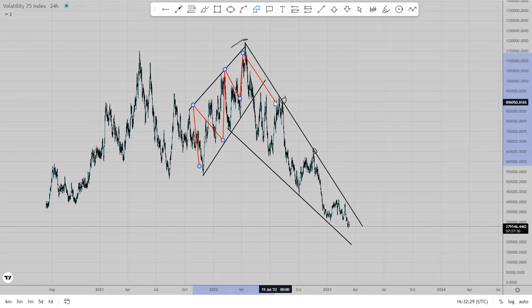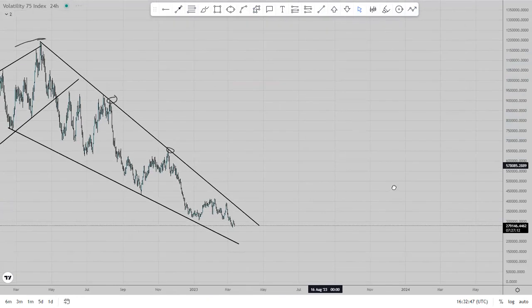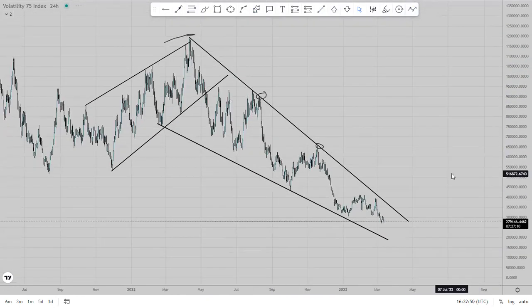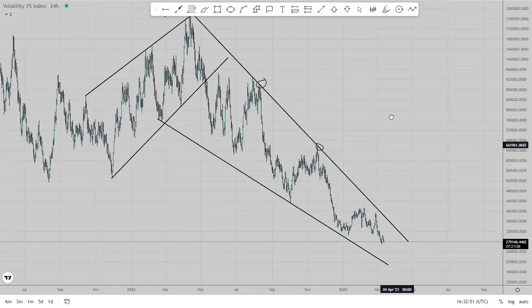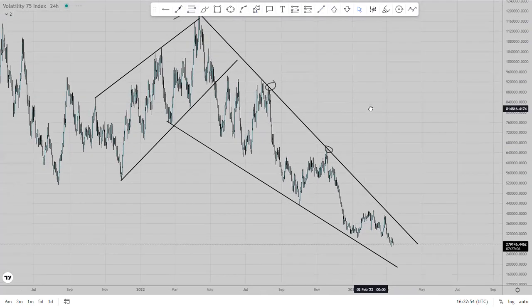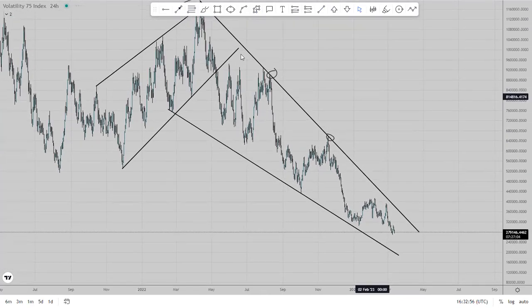Then as it came back to retest, we just sold. So basically, ever since that time that we broke out of the upward channel, the market has been in an overall downward channel and an overall bearish market. So basically, VIX 75 has been in an overall bearish market. Even if someone had sold and actually held their sell, right now they will still be holding in profit.